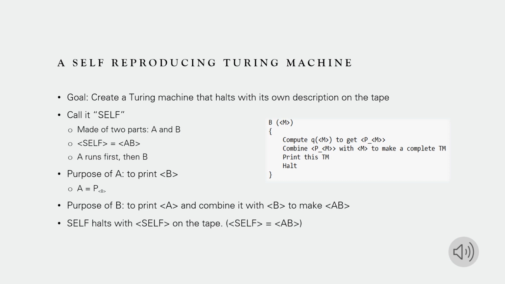Then we print the Turing machine and then it halts. So what happened here is P of M is A and M is the description of B itself. And then since we combine them together, it makes a complete Turing machine that prints the description of A and B combined. Finally, SELF halts with its own description on the tape.